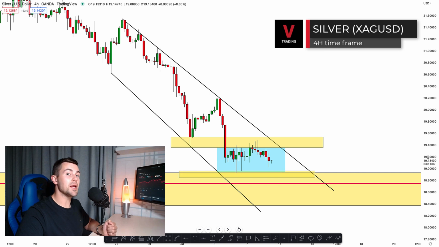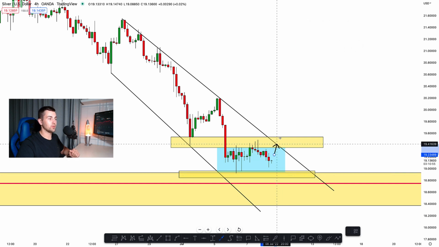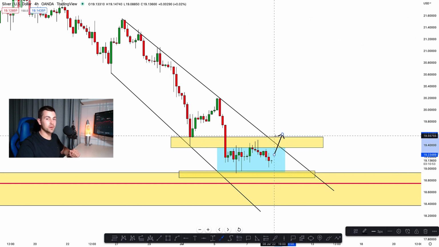Now let's discuss how exactly we will buy silver. Once we see the violation of that yellow cluster, we can buy. But from where exactly? I'm a very conservative trader and I prefer retest trading.